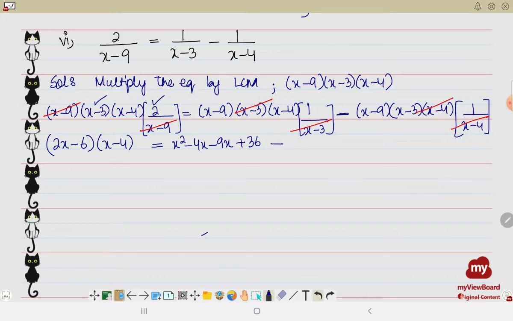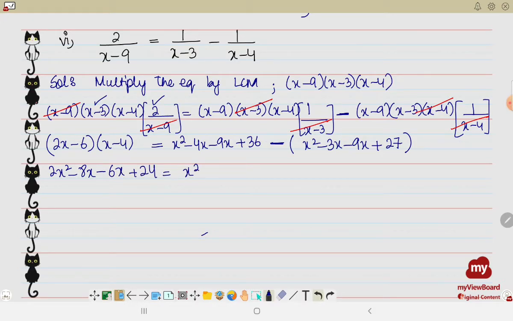And then we are having a minus sign, so for the minus sign we'll use the bracket. It will become x square minus 3x minus 9x plus 27. Let's solve it further. It will become 2x square minus 8x minus 6x plus 24.